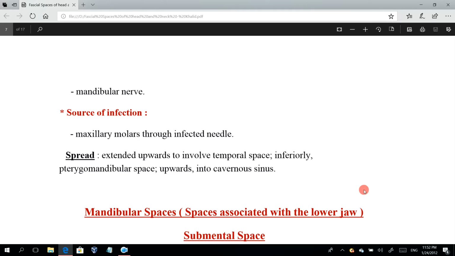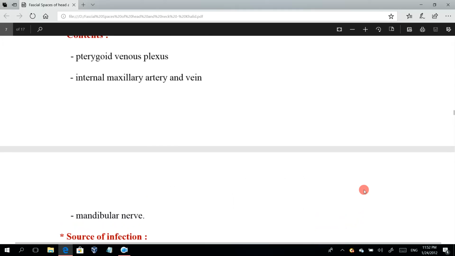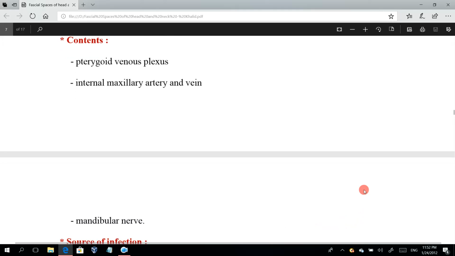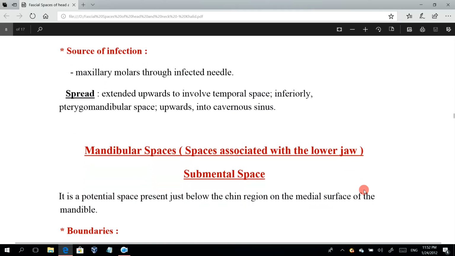Also, if this condition is too late, the infection may extend upwards into the cavernous sinus. The sinus, of course, is connected with the pterygoid venous plexus.